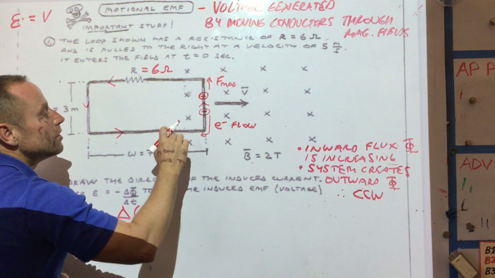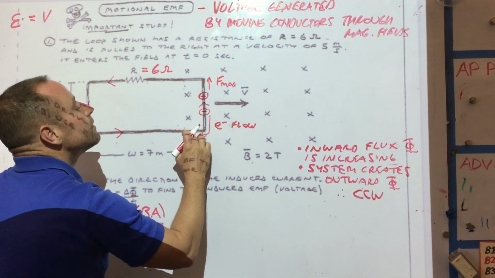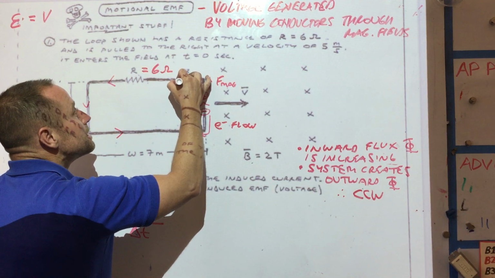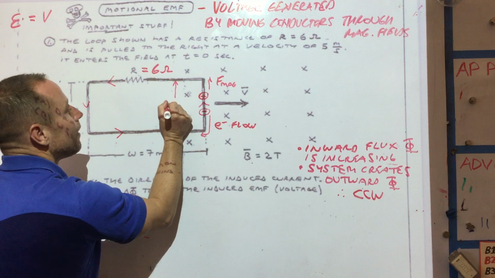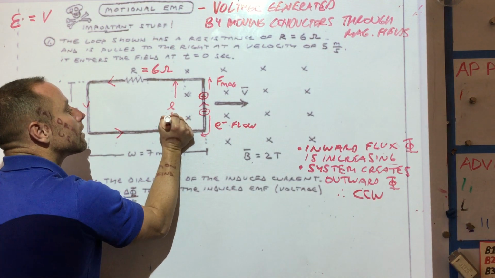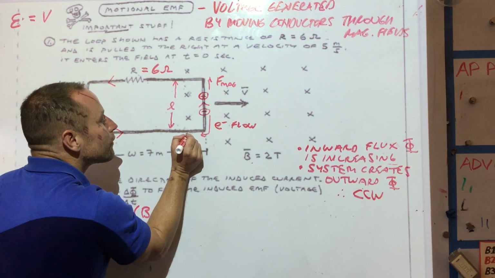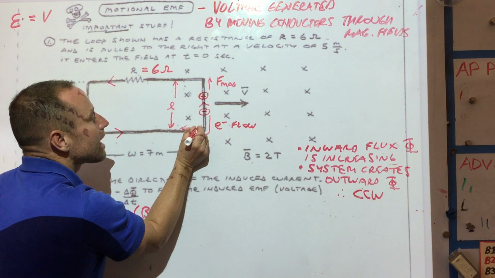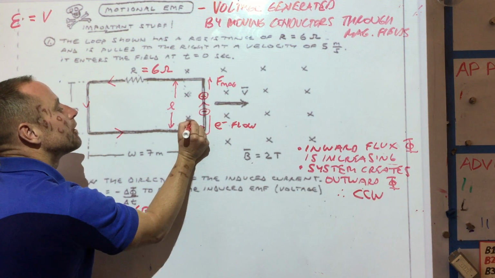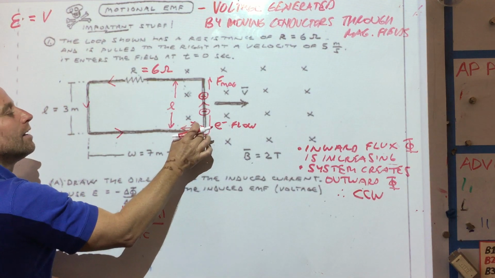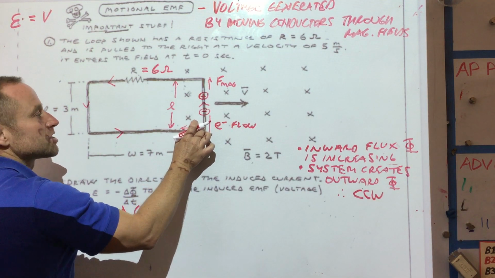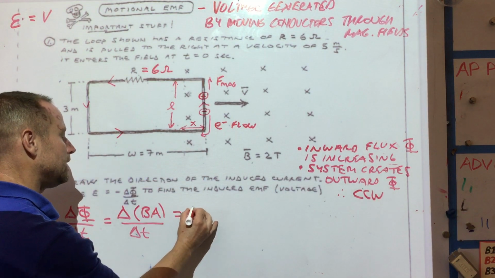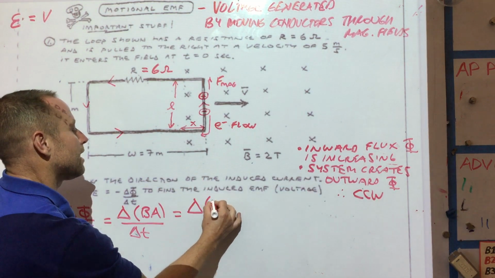And you notice if you look at the relevant area, this dimension of that area we called L. We're going to make up a symbol for this dimension. I'm just going to call this X. That's the width of this part of the loop that's actually in the field. So the relevant area is going to be L times X. So what we really need to get is the change in BLX with time.